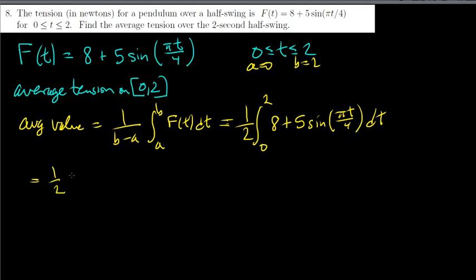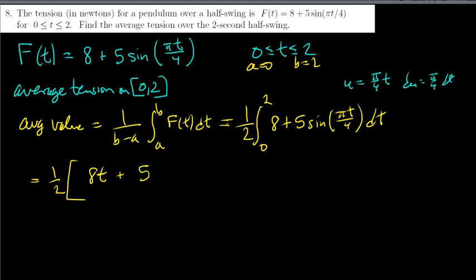When you integrate 8, you just get 8 times t. And when you integrate 5 times the sine of pi t over 4, well, right, there's going to be a substitution here. U is going to be pi over 4 times t. So du is pi over 4 times dt.